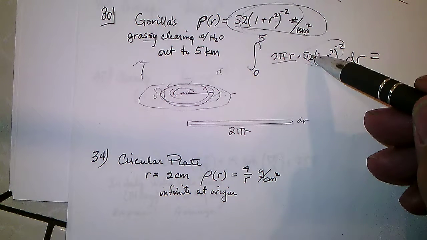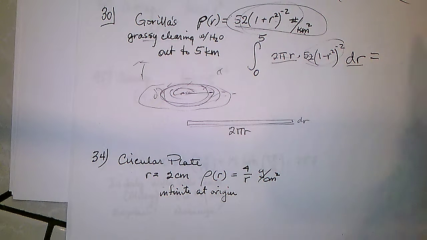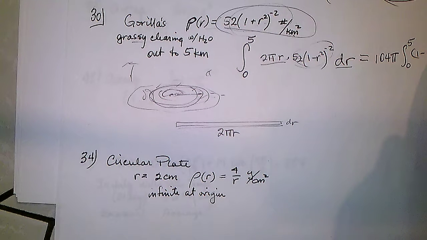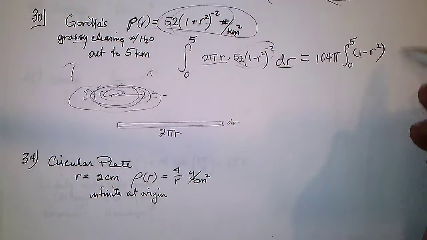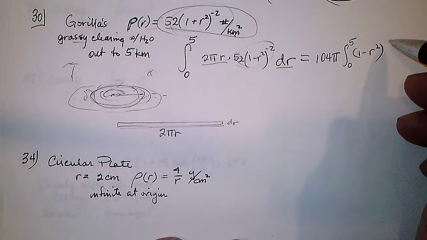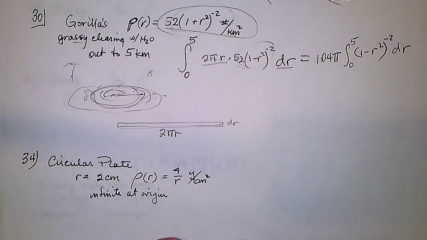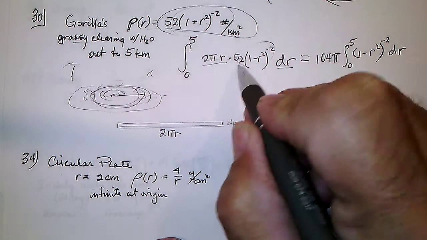All right, the 52, the 2, and the pi all come out. So that's 104 pi. Integral from 0 to 5 of r times 1 plus r squared to the minus 2 dr. Oh, and there's an r in there.